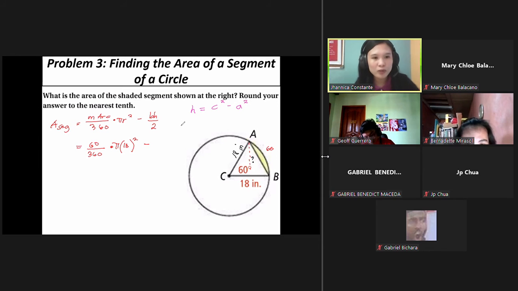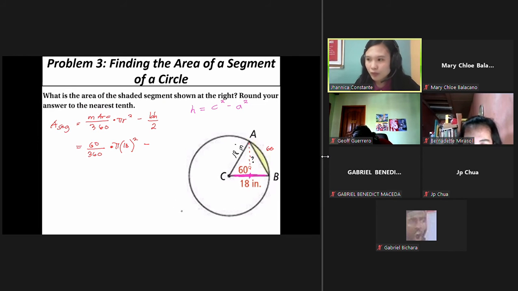That's the formula for the height of our triangle. C stands for the hypotenuse of the triangle, and A stands for one leg of the triangle. So if the whole leg is 18, since we're getting the height, you will get only half of this side.